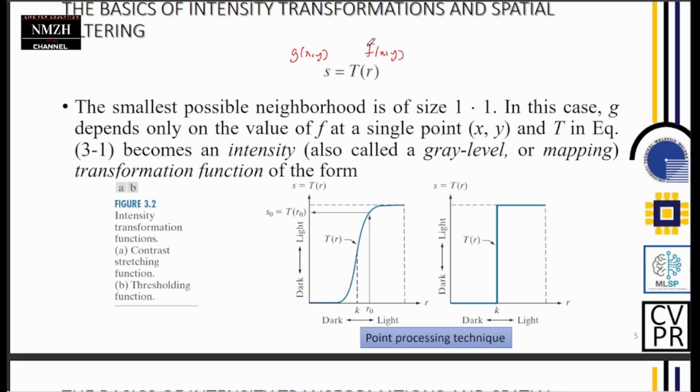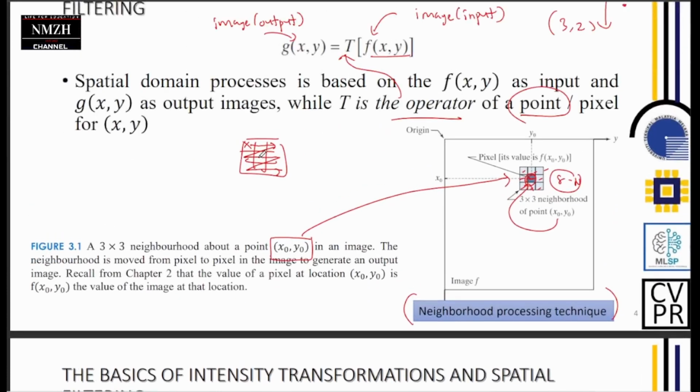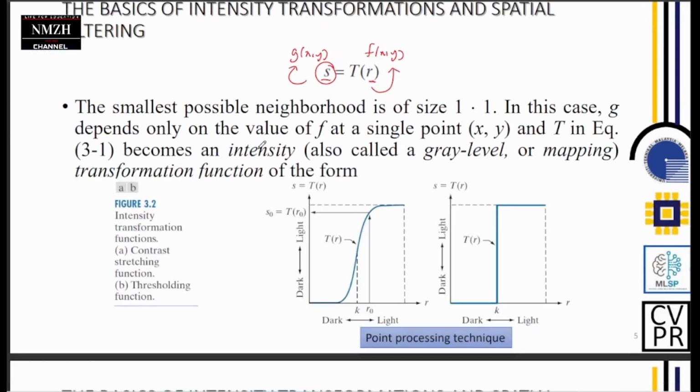From this chapter, we will use s and r as the output and the input, for images or groups of pixels. The smallest possible neighborhood: in the previous example it was a 3 times 3 pixel neighborhood, while this one is a 1 times 1 neighborhood.